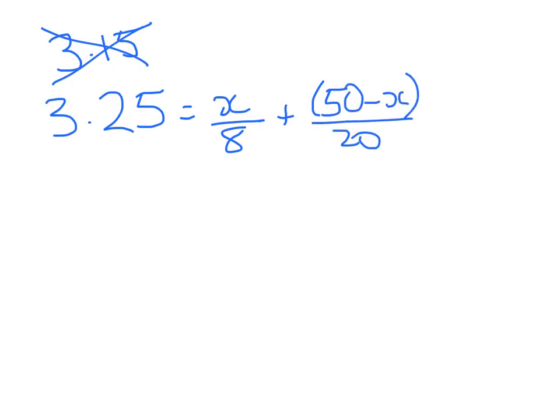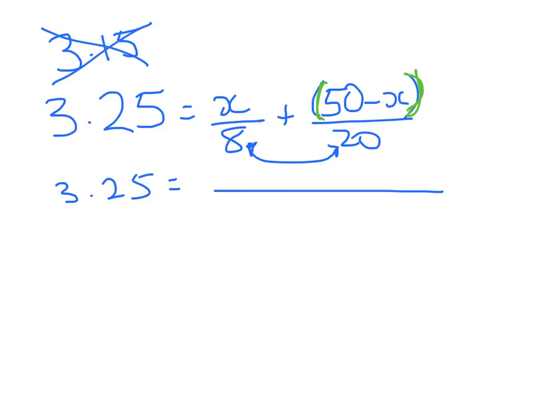Right, notice everyone that I put in my invisible brackets, so I avoid making a mistake there. 3.25 equals, right, I'm going to do a common denominator here. I'm not going to do 8 times 20 is 160, because I can do the lowest common multiple, which is just 40. So 8 times what gives 40? 8 times 5.